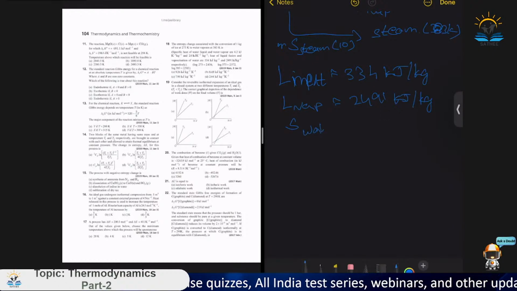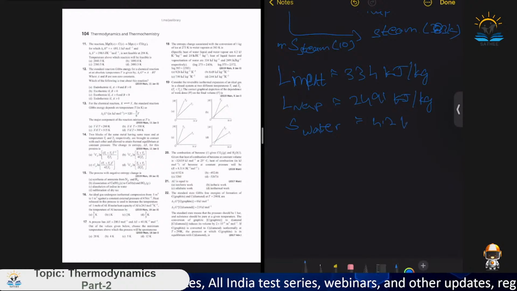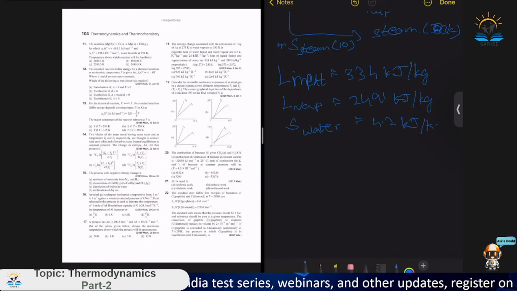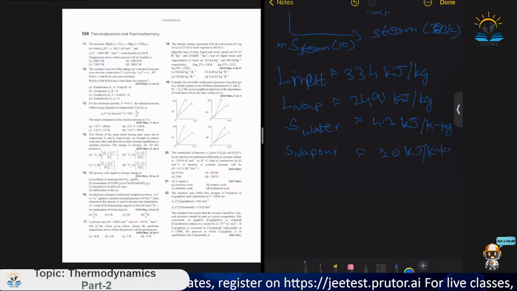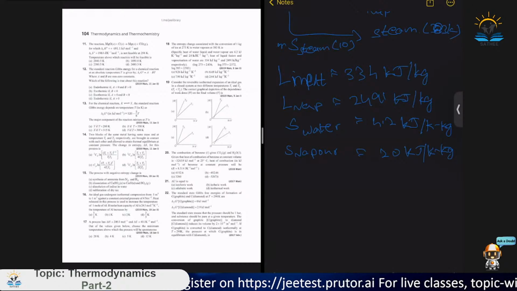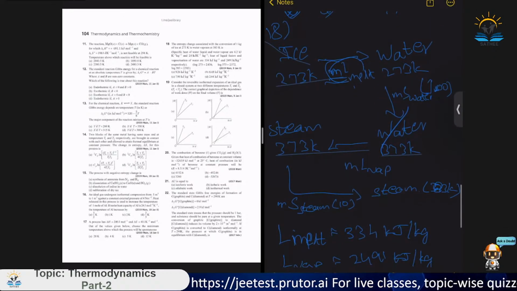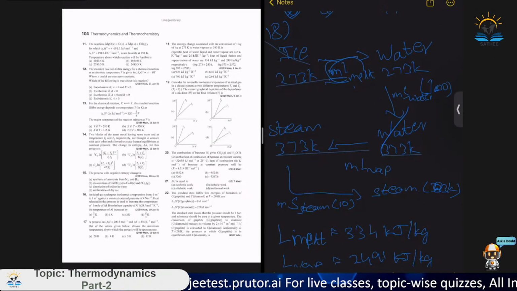As water 0.2... this vapor is 20. So looking at the diagram above: ice to water, water to water at high temperature, melting, heating, vaporization, again heating.